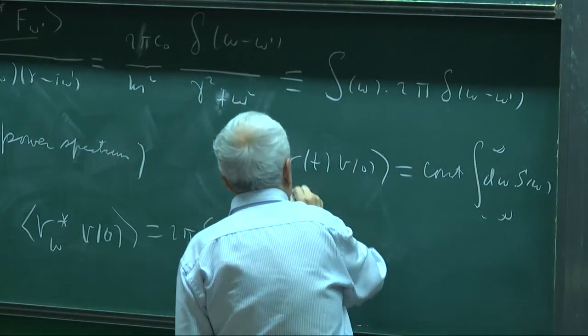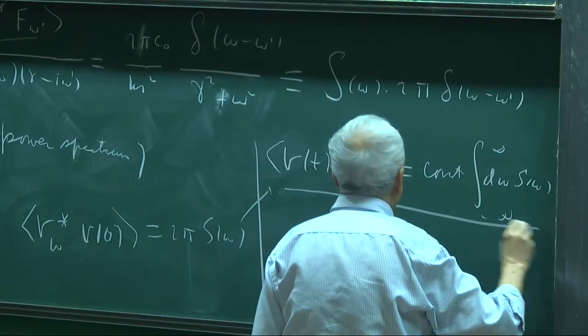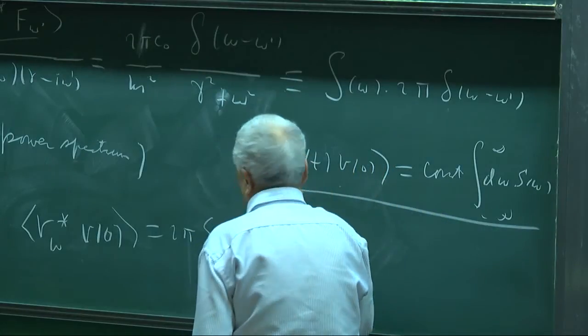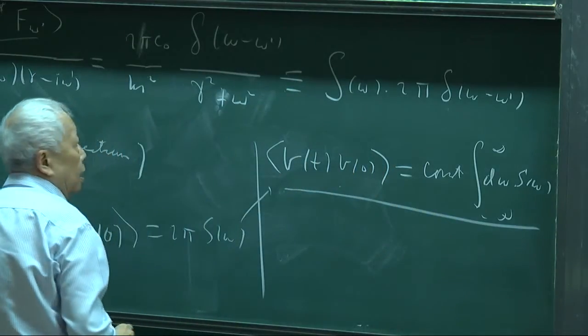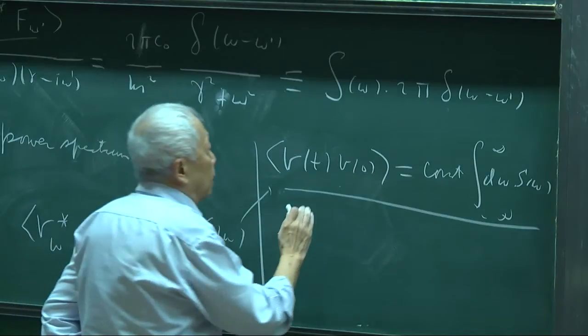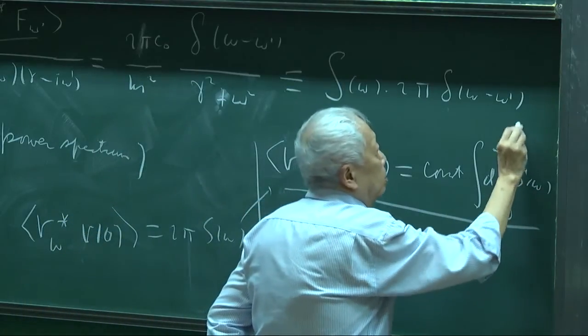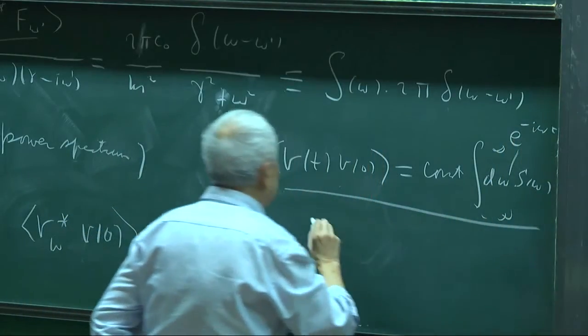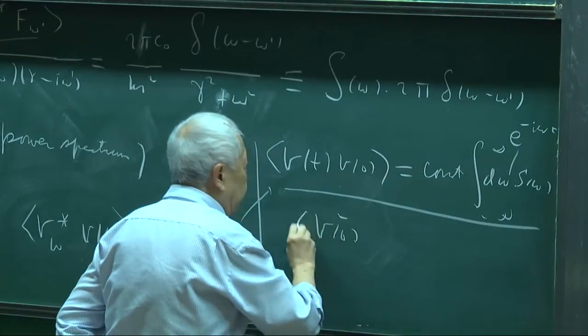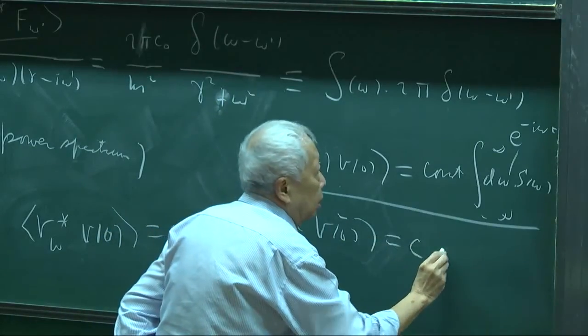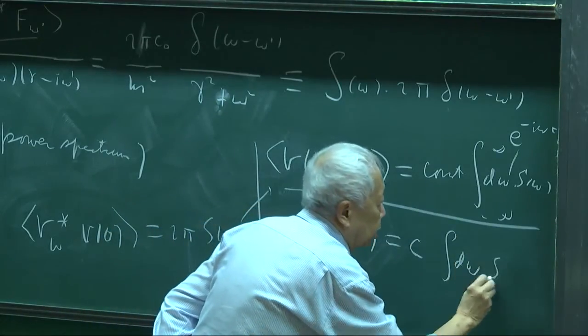There is an e to the minus i omega t here. So therefore v0 squared average is equal to some constant times the integral d omega S of omega.